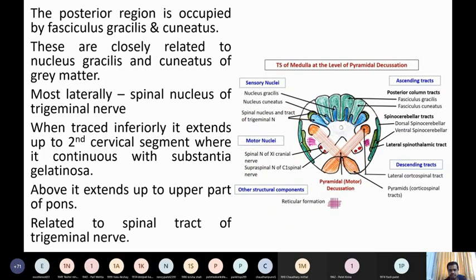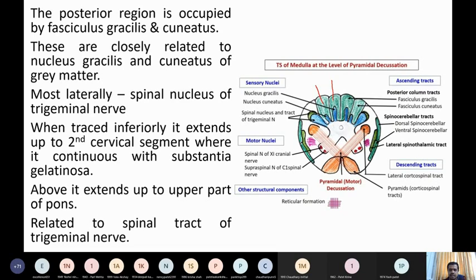The posterior region is occupied by two fasciculi: the fasciculus gracilis medially and the fasciculus cuneatus laterally. The same similar structure we saw in the spinal cord.